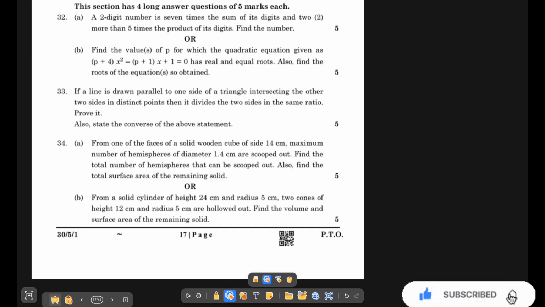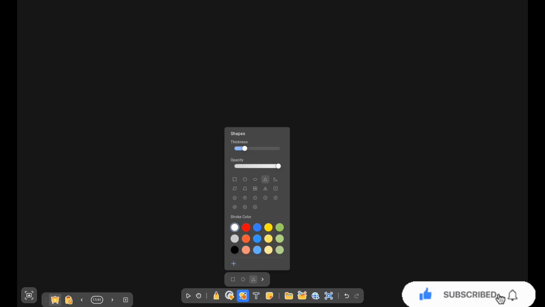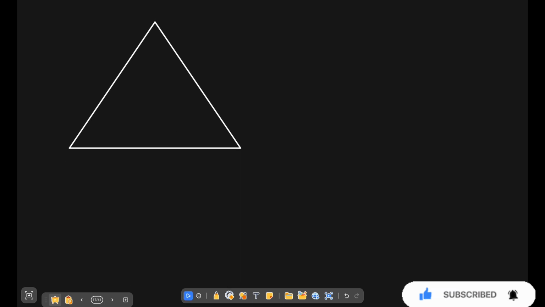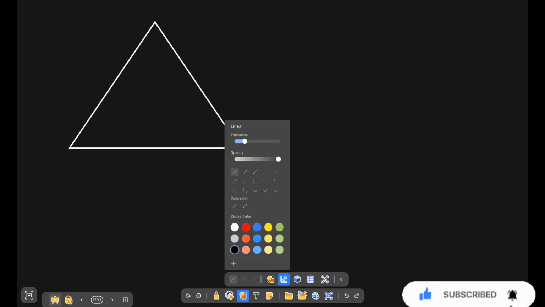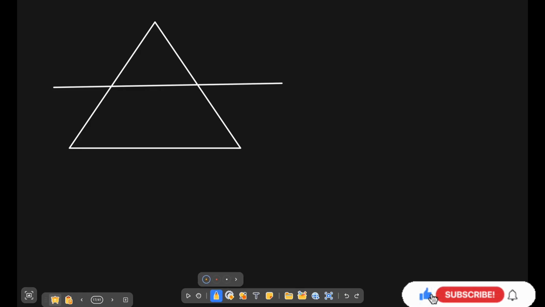So let's take a triangle. If a line is drawn parallel to one side, so here this line is drawn parallel to one side.